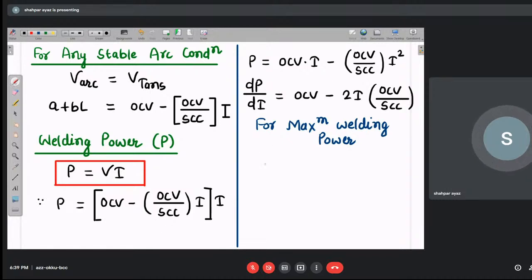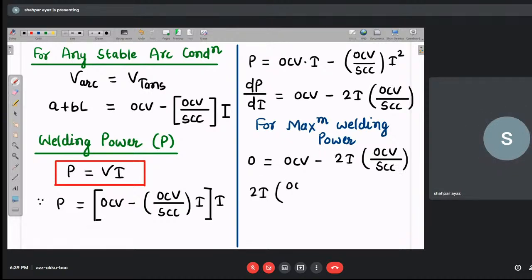So for maximum welding power, this term is going to be 0. So 2I into OCV by SCC is equal to OCV, right?